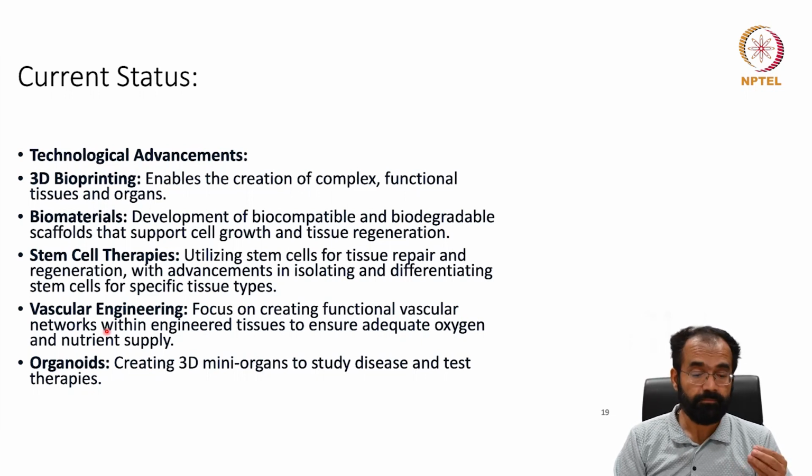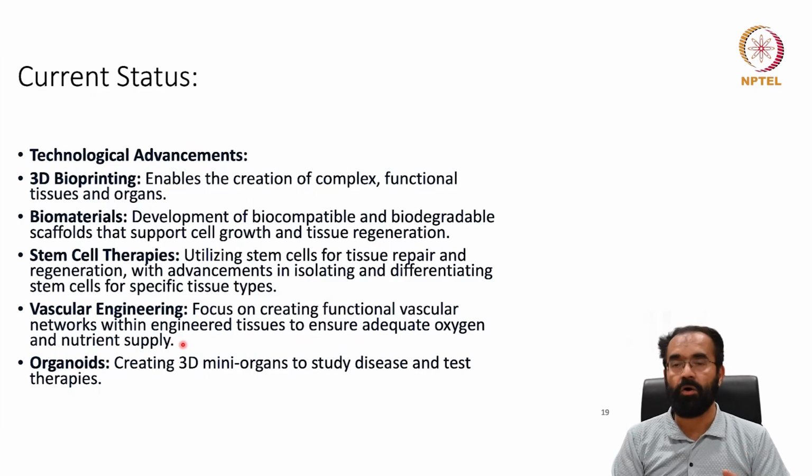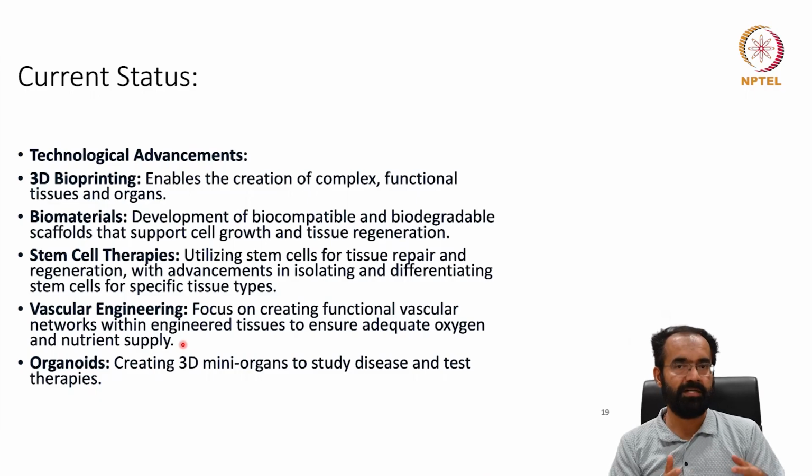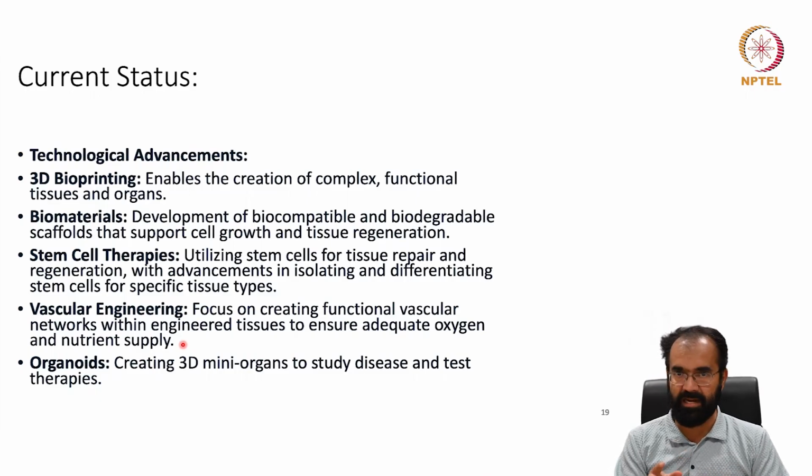Then comes vascular engineering. It focuses on creating functional vascular networks within the engineered tissue to ensure adequate oxygen and nutrient supply. Although it can be easily told and easily discussed, in reality it is not that easy. Why?